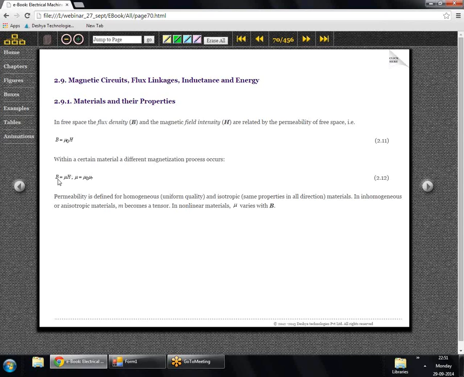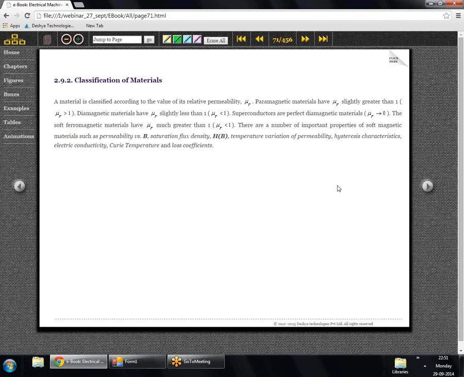This equation states that the flux density is equal to the permeability of the material mu times the magnetic field intensity H, where mu we can also write as mu 0 times the relative permeability of the material mu r. So this is about the relation between the magnetic flux density and the magnetic field intensity.